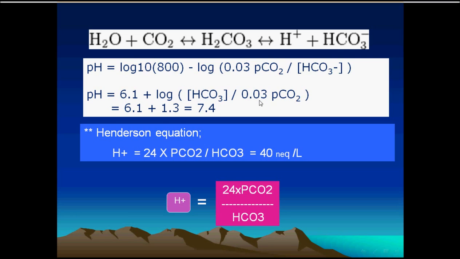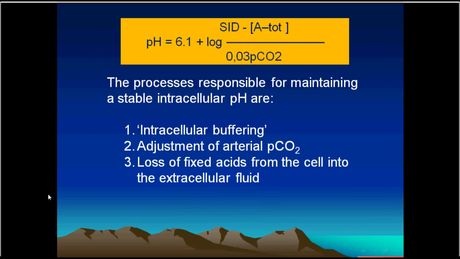Bicarbonate is 24, carbonic acid 1.2. This is the logarithm of 20, which equals 1.3, so the pH is 7.4. So the pH will change with changes in the bicarbonate and the partial pressure of carbon dioxide. And the hydrogen ion concentration is likewise proportional to carbon dioxide over bicarbonate.